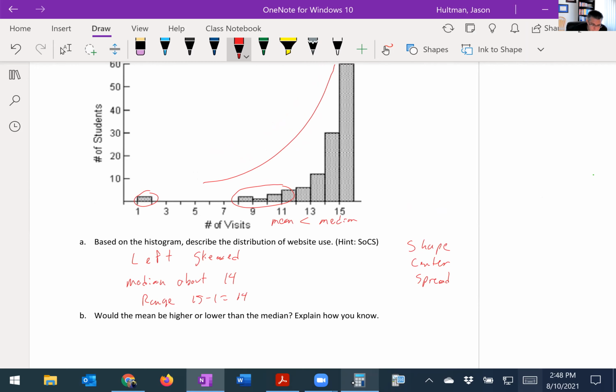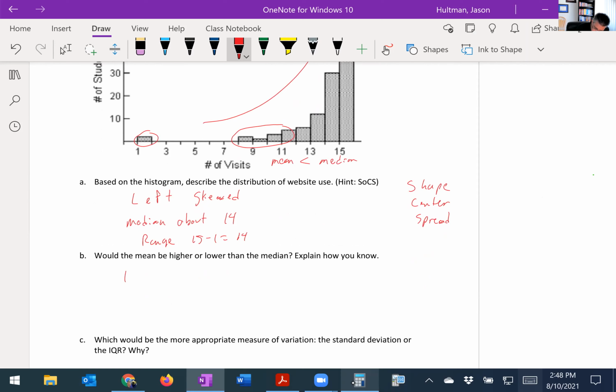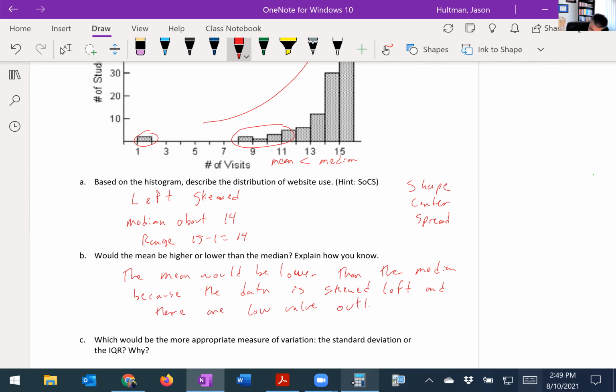The mean would be lower than the median, because the data is skewed left and there are low value outliers.